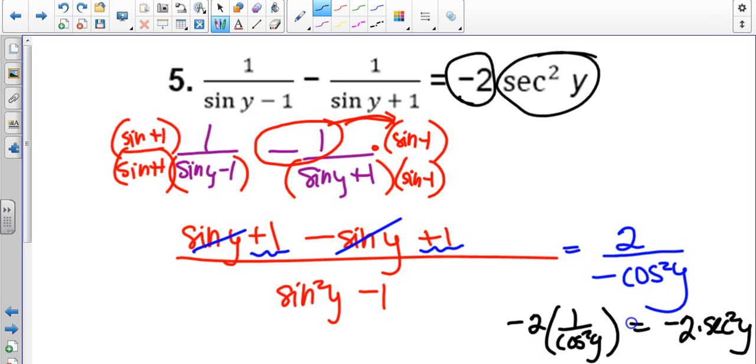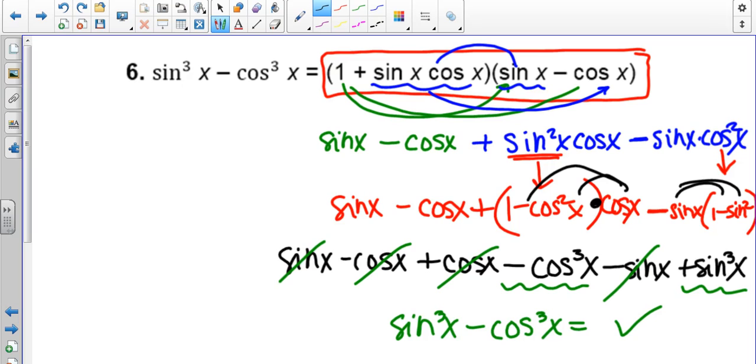It's a secant squared anyway, right? Yes. Are we good? Okay, number 6.